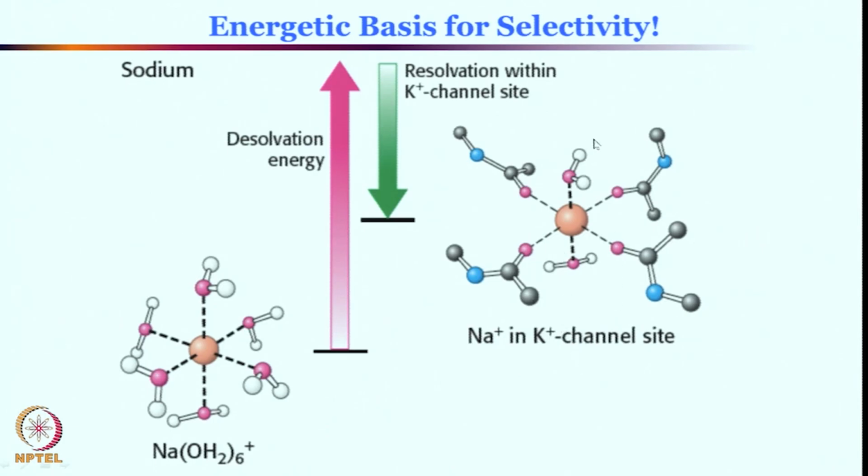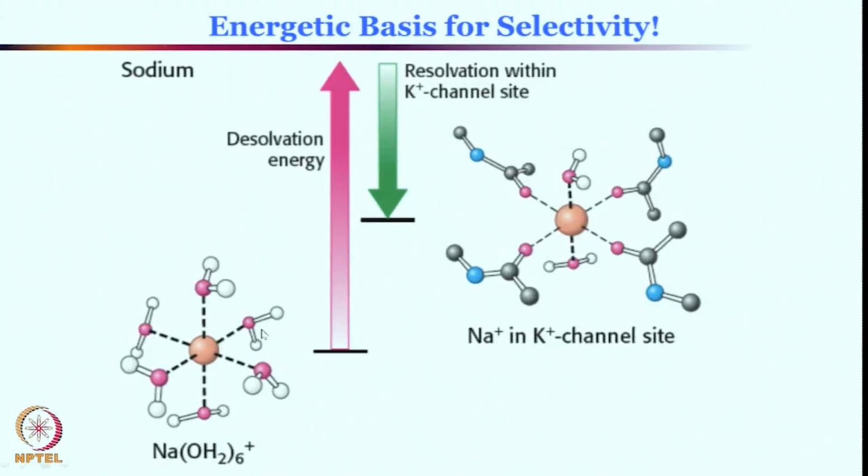go through the channel. So, this is really a wonderful design by nature, which ensures that lithium and sodium, despite being smaller in size, but having higher dehydration energy, are prevented from participating in this interaction with the protein backbone, and therefore their effective size becomes much higher than what their atomic radii would give rise to.